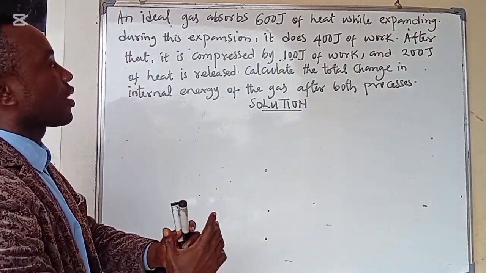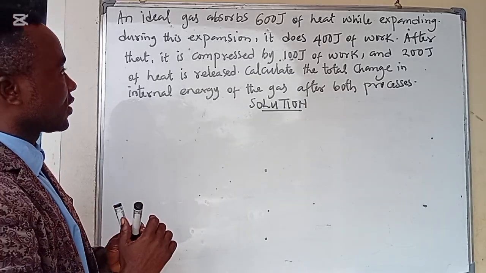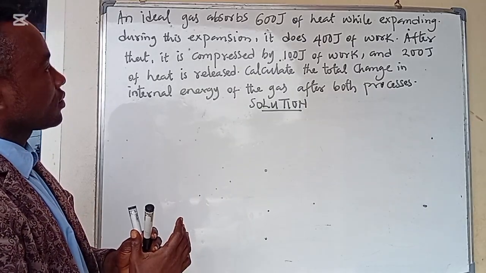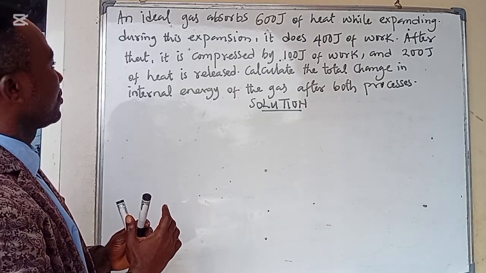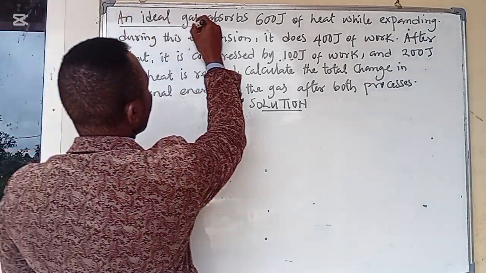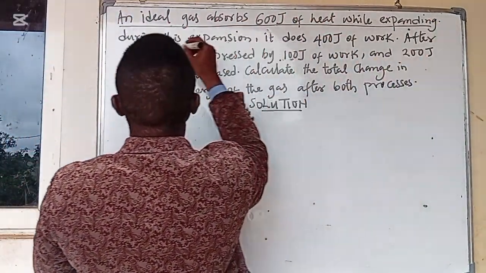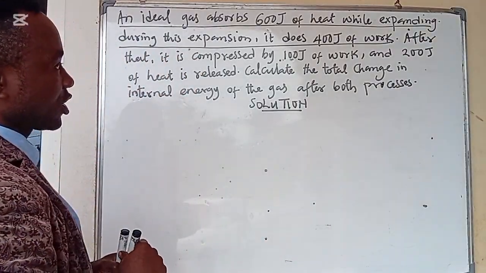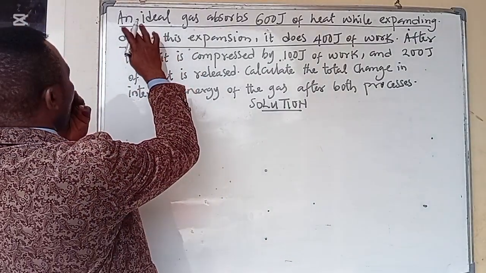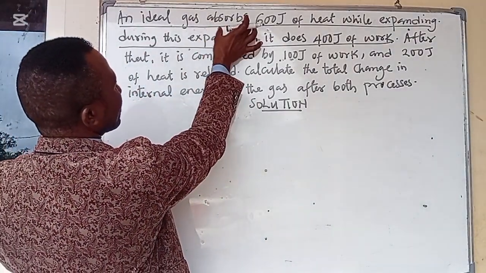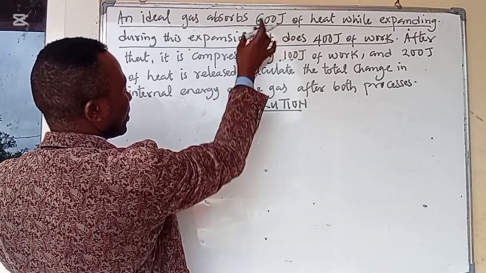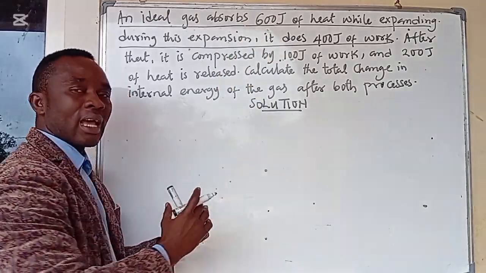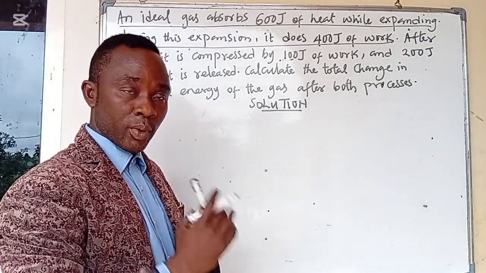So from this question we can see we have two processes, expansion and compression. Look at this very well. That is the first process, for expansion. The gas absorbs 600 joules of energy. Remember, heat absorbed is positive.